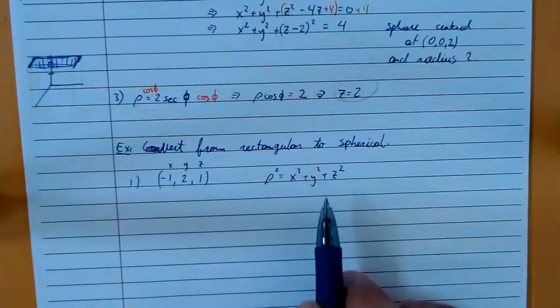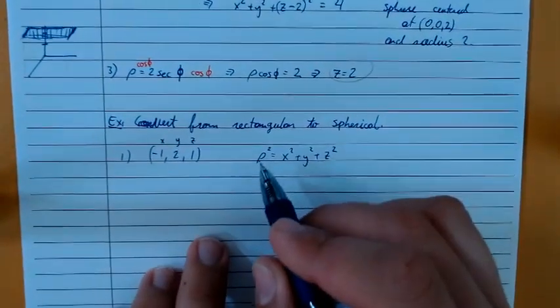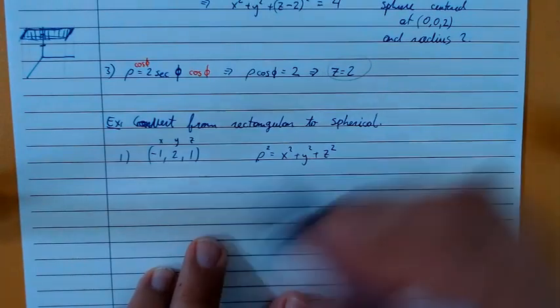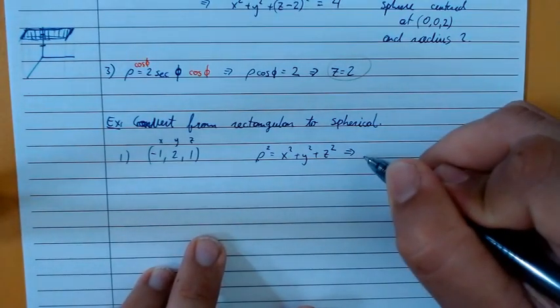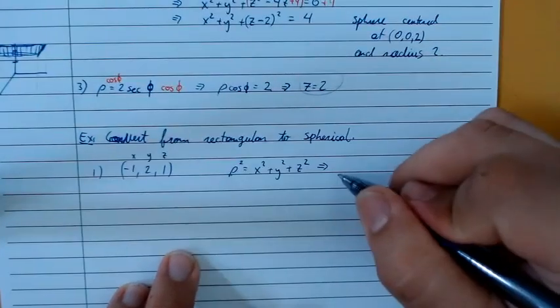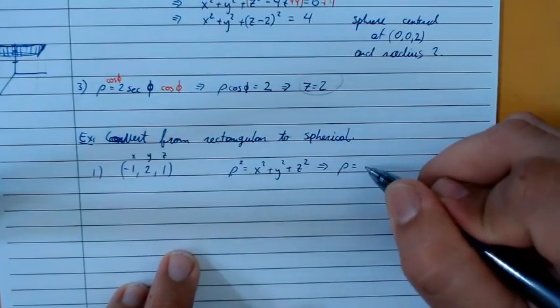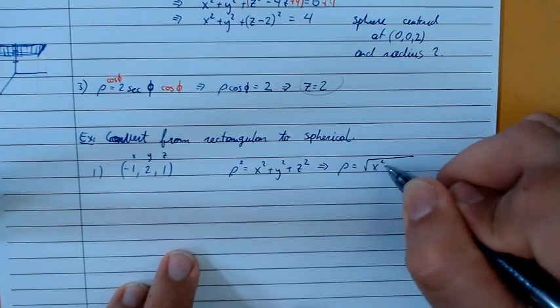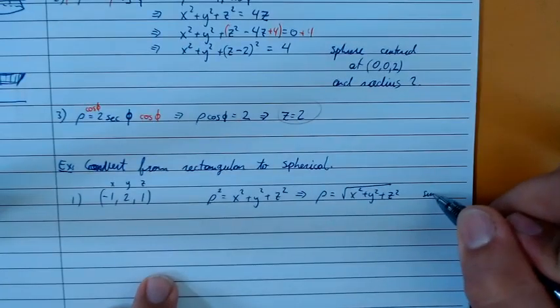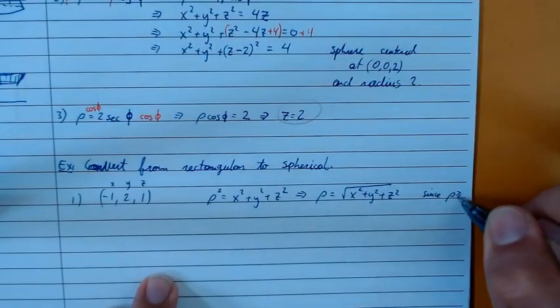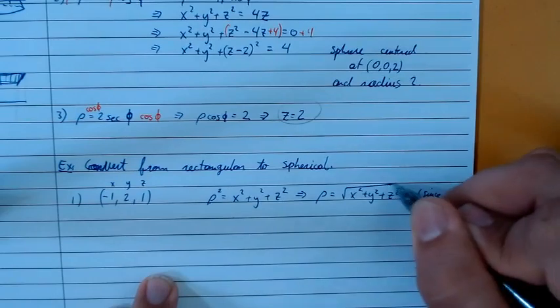So here, we don't have to consider the extra root. Since rho must be non-negative, rho is equal to the square root of x squared plus y squared plus z squared.